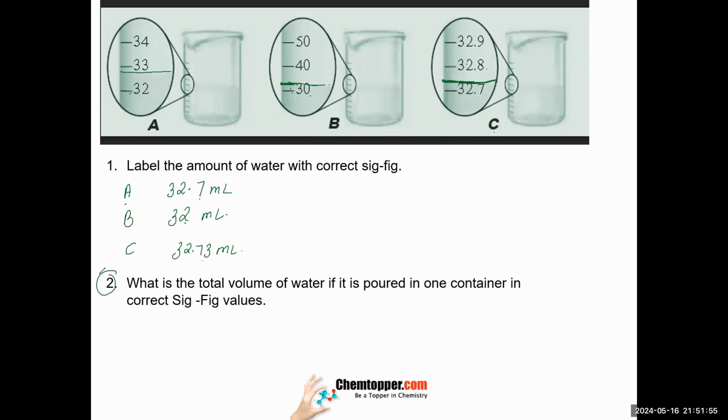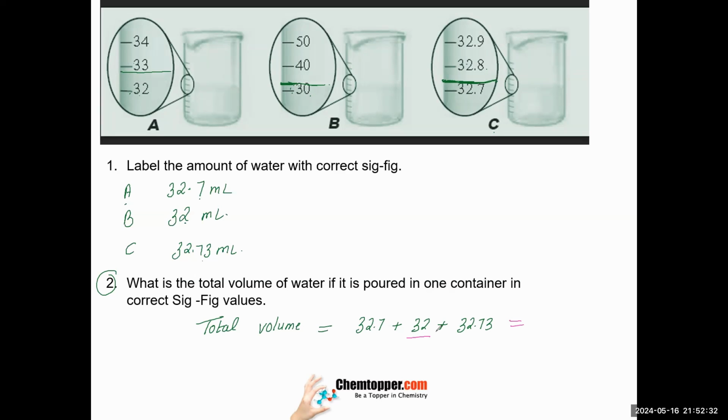Now they are saying, what's the total volume? If you add all of them, it means I have to add these volumes. So the total volume will be... and here you have to express your answer in minimum decimal places.